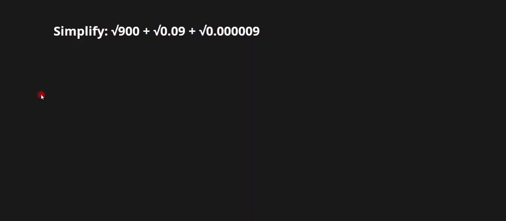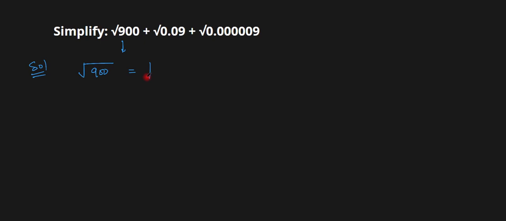Now the next question is simplify. You have a question, square root of 900 plus square root of 0.09 plus square root of 0.000009. Okay, now how to solve this question? So first I'm going to solve 900.